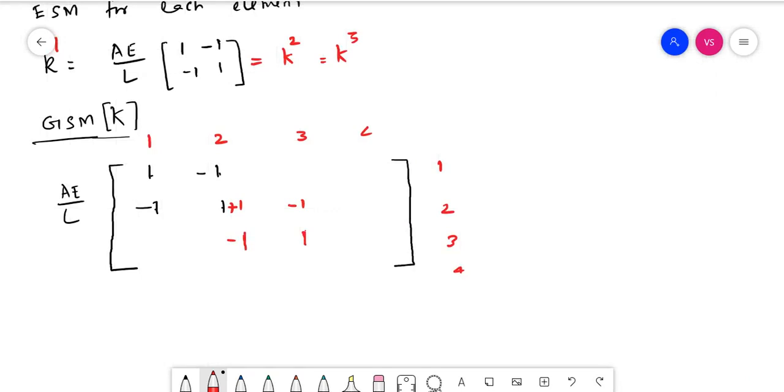For element number 3, same thing, but it will start from here. So plus 1 minus 1 minus 1 plus 1. Other entries will be 0. So this is the global stiffness matrix K.